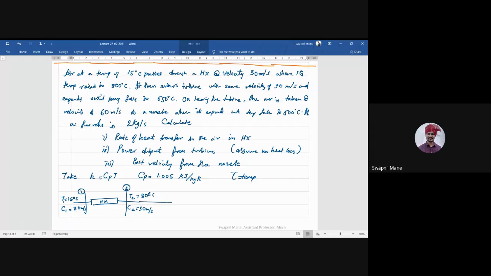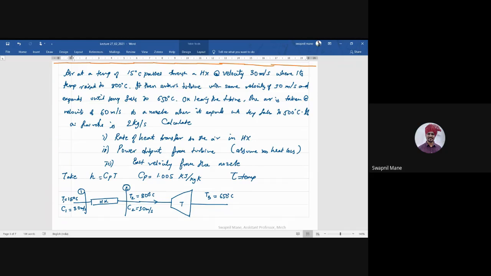And it expands. So this is taken into what? A turbine. You know the symbol for a turbine. What is the purpose of a turbine? What process takes place in a turbine? Expansion in the turbine. So the inlet of the turbine is 800 degrees Celsius and 30 meter per second. The outlet of the turbine is T3, equal to 650 degrees Celsius.